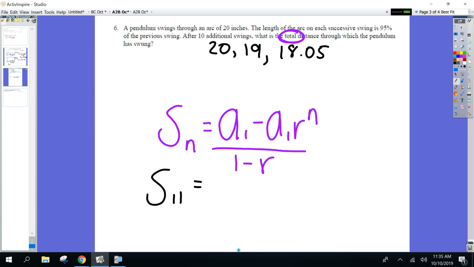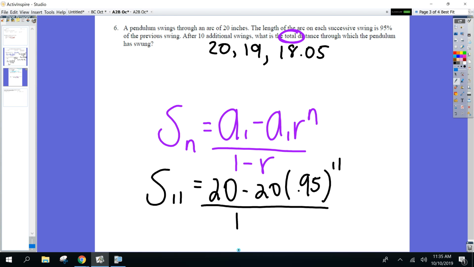What was the first swing? 20 minus 20 times, what was my r value? 0.95. And if you forget, take a term, divide it by the previous. So 0.95 to the 11th, all over 1 minus 0.95.